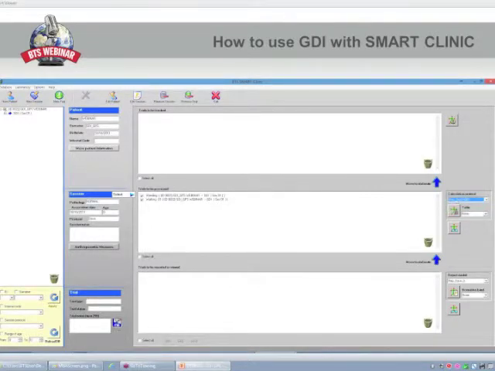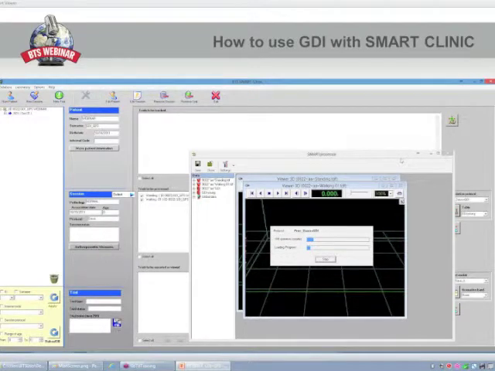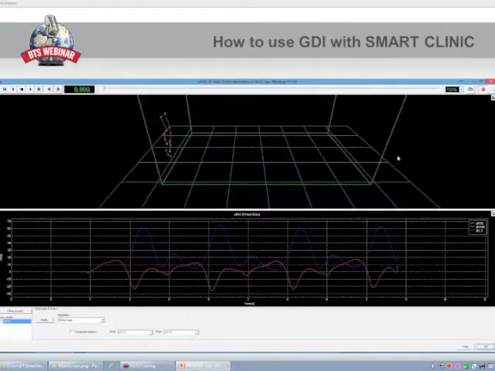Now I'm going to select the Davis plus the GDI, and the next step is to select the table which contains the normative data. You have different options depending on the age of the patient. Now I have selected the GDI young, depending on the age of the subject that I am going to analyze. This data comes from normal subjects.